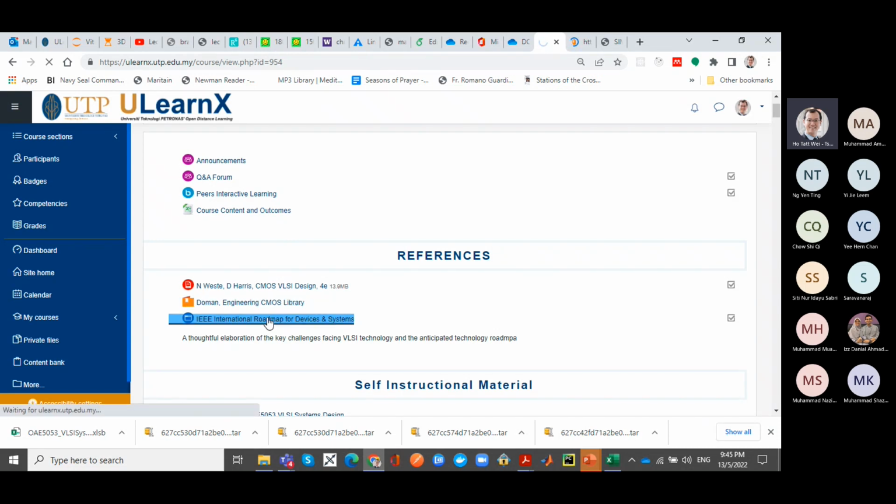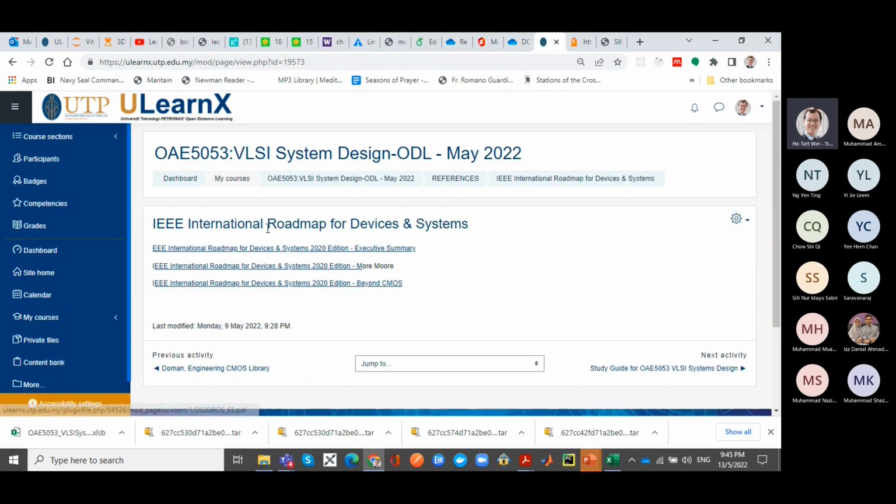And here I've given you several files on the IEEE International Roadmap for Devices and Systems. This gives you a big-picture, state-of-the-art view of the industry. It used to be called the ITRS, the International Technology Roadmap for Semiconductors.